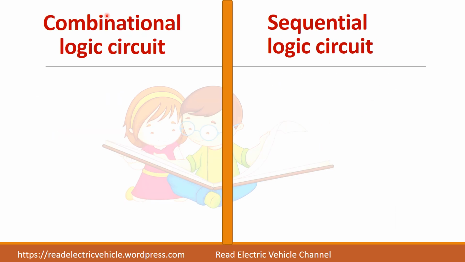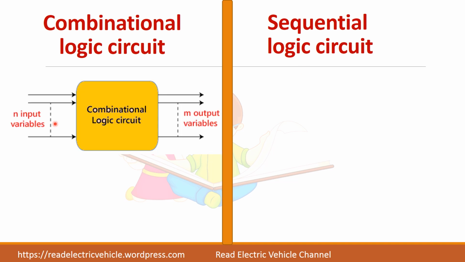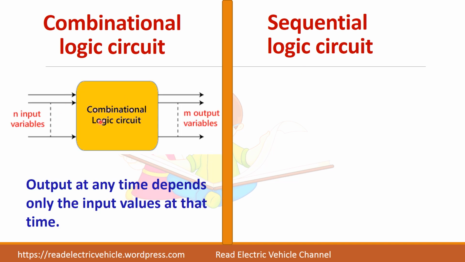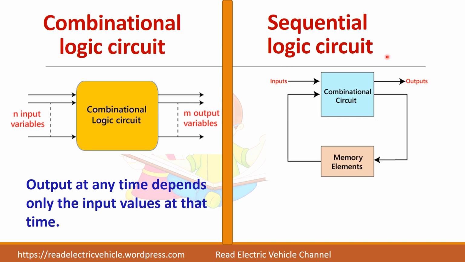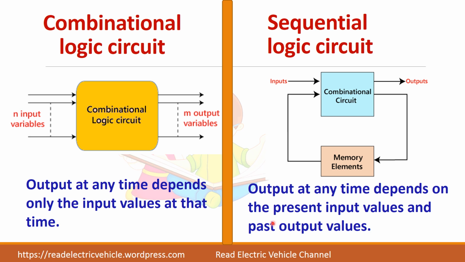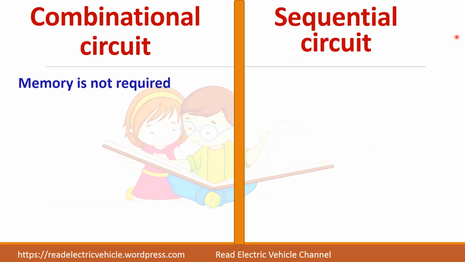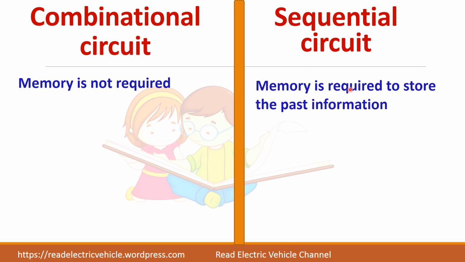Now let us see the difference between combinational circuit and sequential circuit. In a combinational circuit, the output at any time depends only on the input value at that time. In a sequential circuit, the output depends upon the present input as well as the past output. In a combinational circuit, no memory is required. In a sequential circuit, you need memory to store the past information.